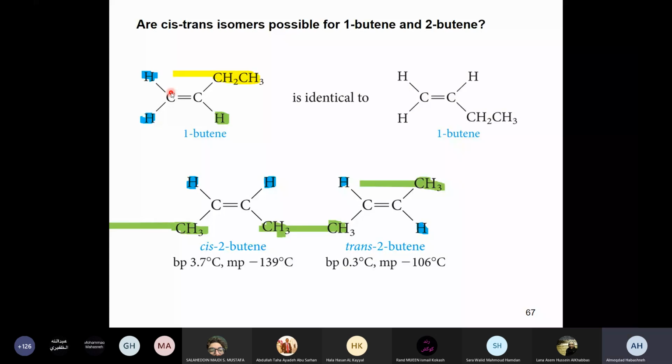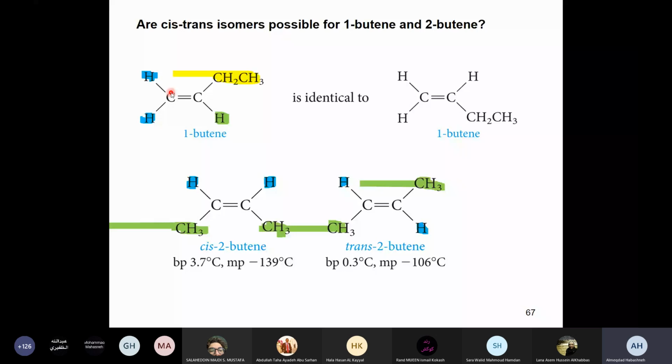Okay, guys, I go to the two carbons at the double bond individually. I check the groups at each carbon individually. If at least one of them is connected to same group, so the double bond is not stereogenic center and the compound cannot have configurational isomers.